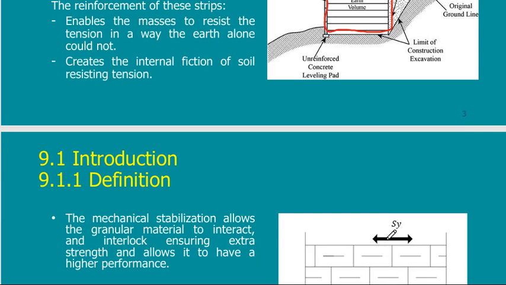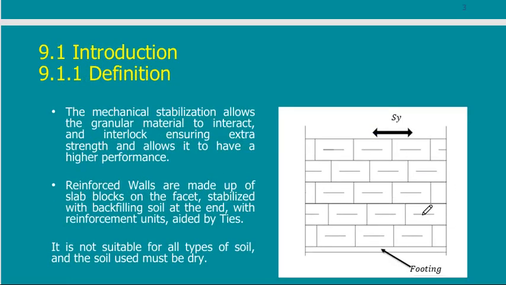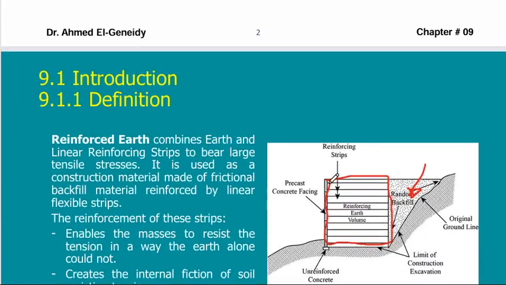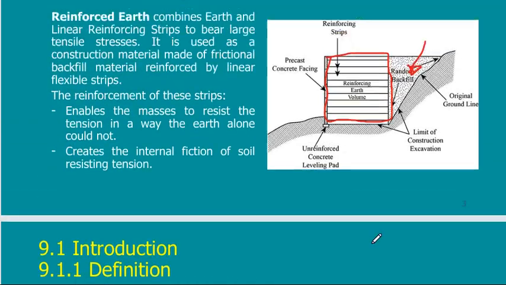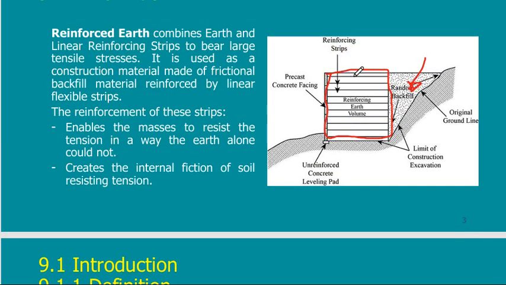These are the pieces of the facing in an elevation. Each piece is connected to a reinforcing line. So this is a reinforcing strip. This reinforcing strip is connected to this facing, and it keeps it in place by the friction between the strip and the soil.